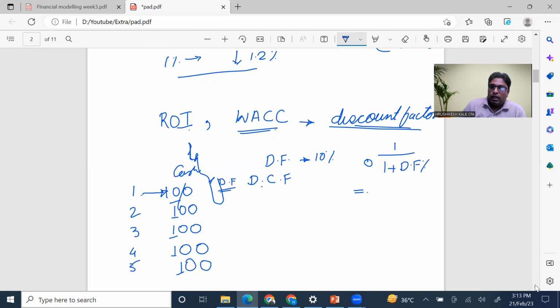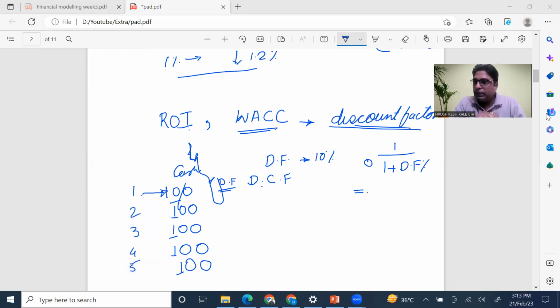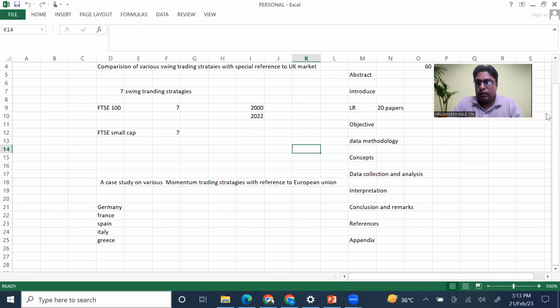Now, rather than doing it here, I would like to take you to the Excel sheet, because in Excel you can calculate it quite easily. So let me show you how we can calculate NPV.